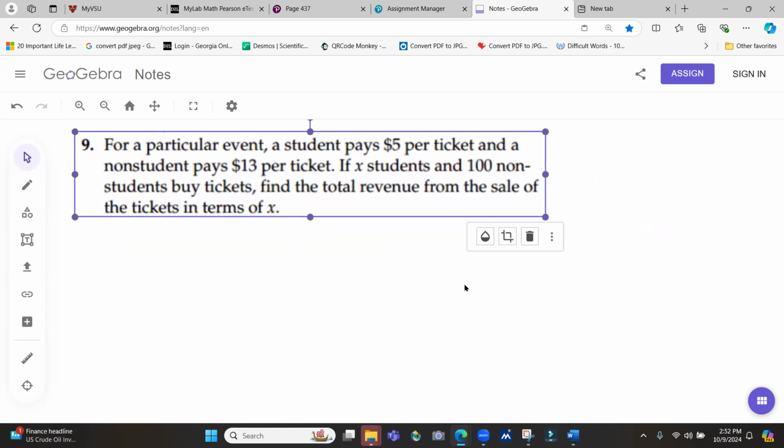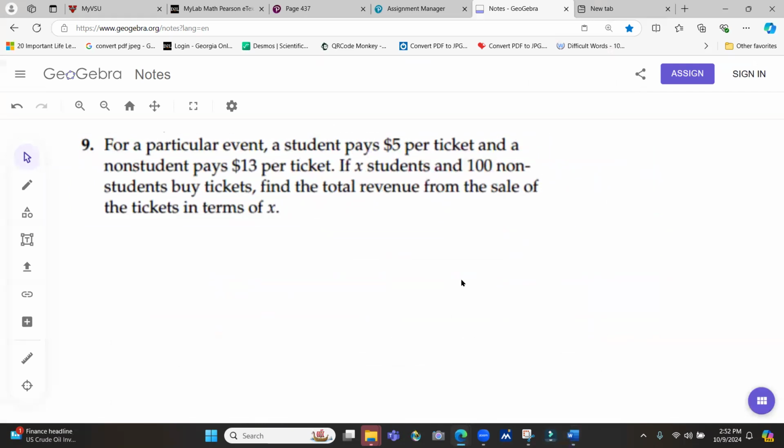For a particular event, a student pays $5 for a ticket and a non-student pays $13 for the same ticket. If I have X students, 100 non-students, okay, that's not that bad. So X students are going to pay 5X bucks, okay?